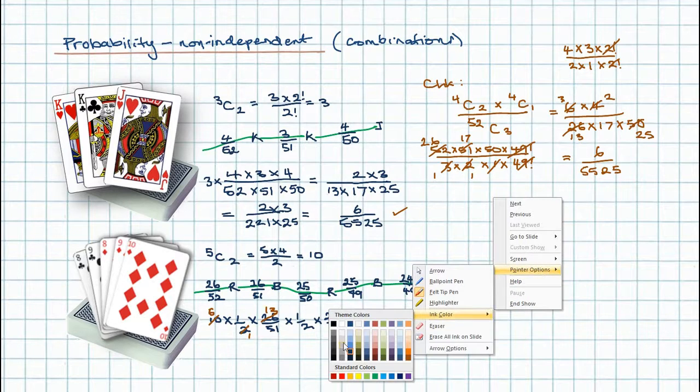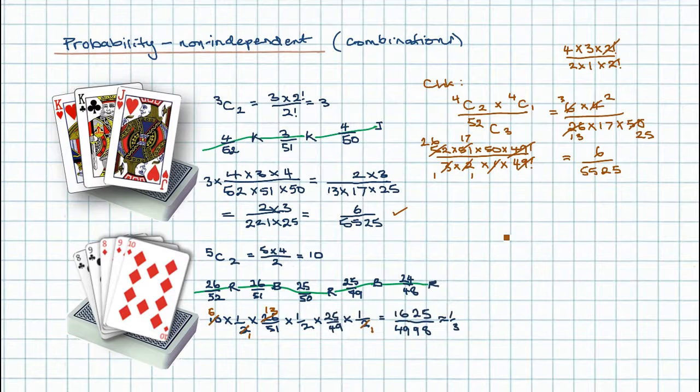So let's have a look at the check and see if we get the same amount. So this time using a different kind of slightly more advanced, I guess, combinations approach. This time what we've got is, well, what have we got? We've got 2 blacks, and we're choosing those 2 blacks out of 26.